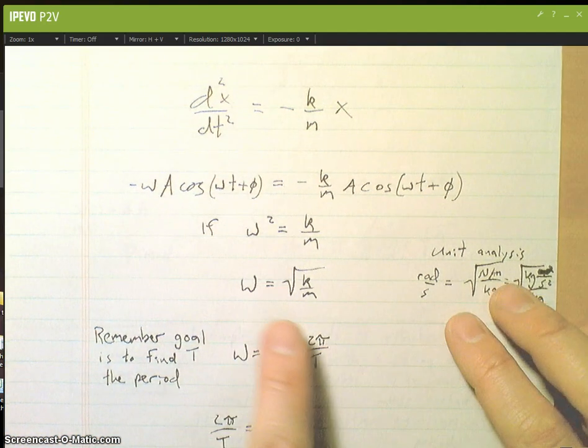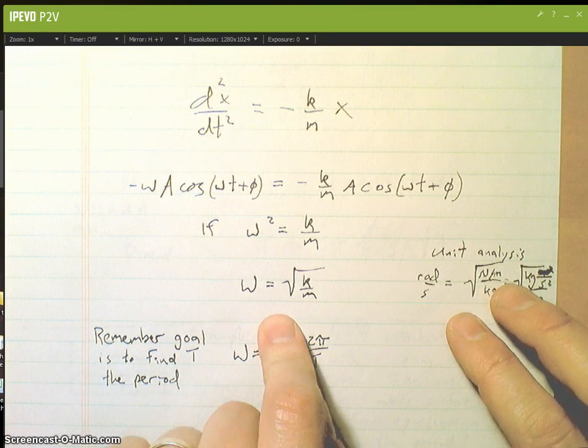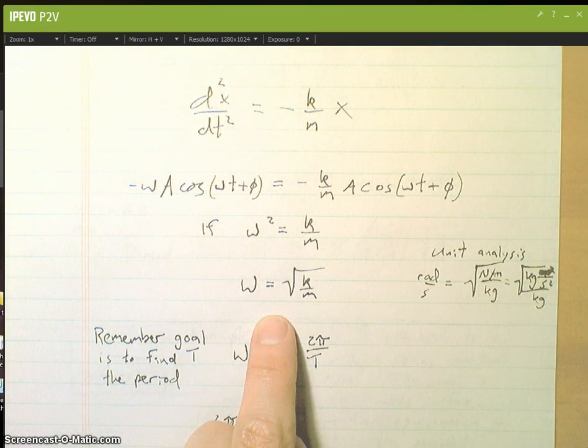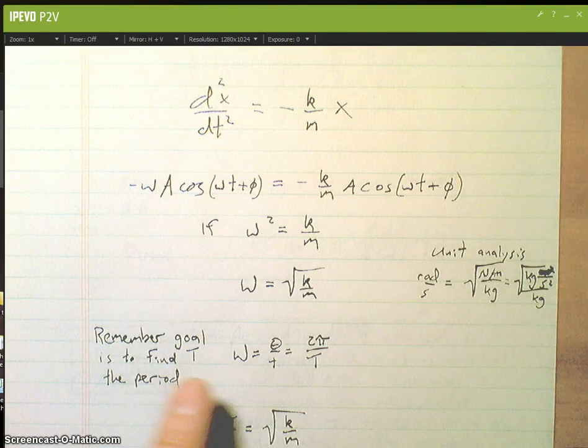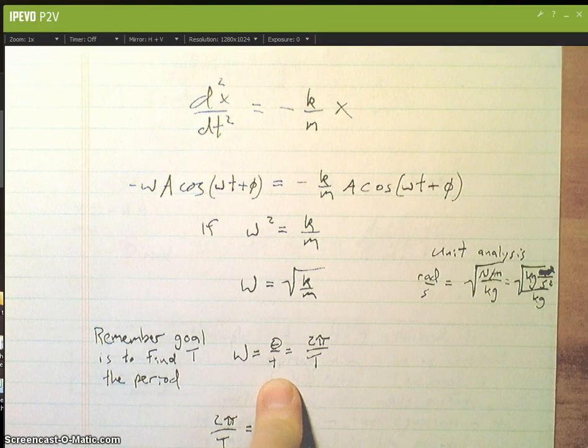Anyway, here's our result. We know that A cosine of omega t plus phi will work as a solution to the differential equation. Remember, the goal is to get the period. So remember, omega is equal to theta over t, angular displacement over time. What time are we talking about?